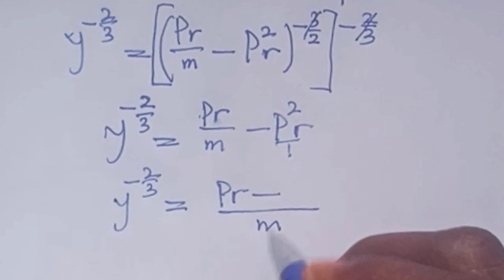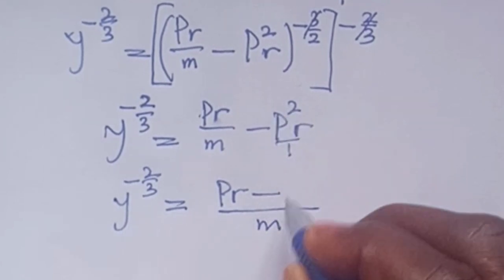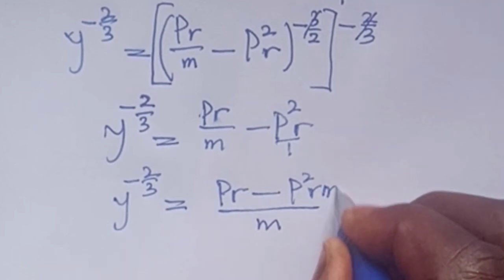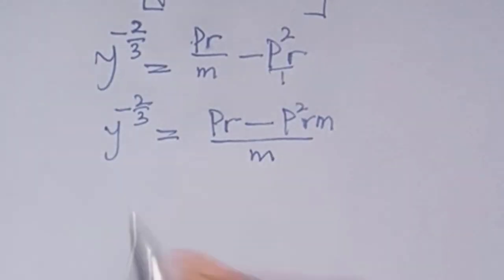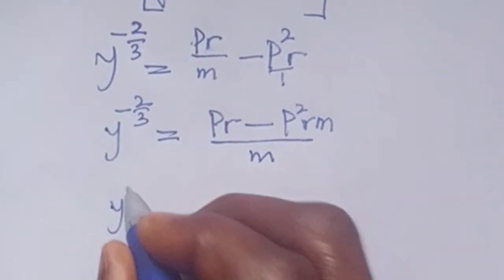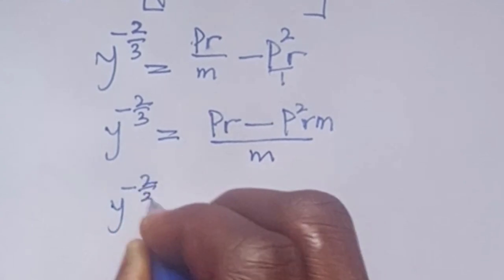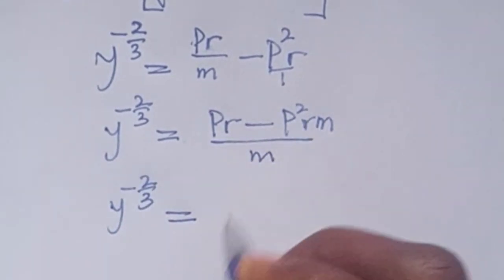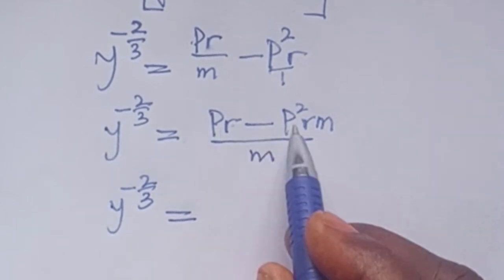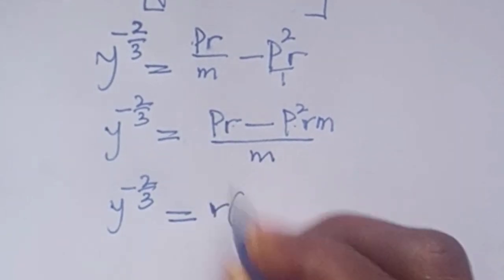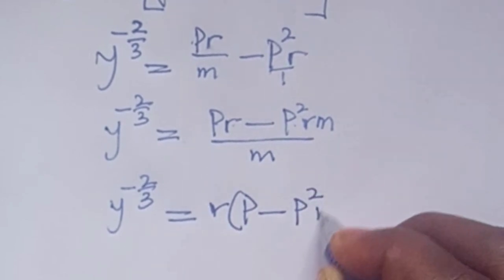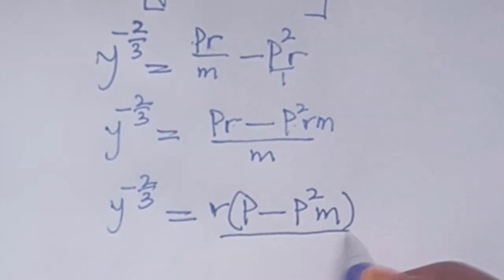M divided by 1 is m, and m times this one will be p to the power of 2 r m. So the next line becomes y to the power of minus 2 over 3 equals, what is common here is r. If we factor out r, what will be left is p minus p to the power of 2 m, all over m.